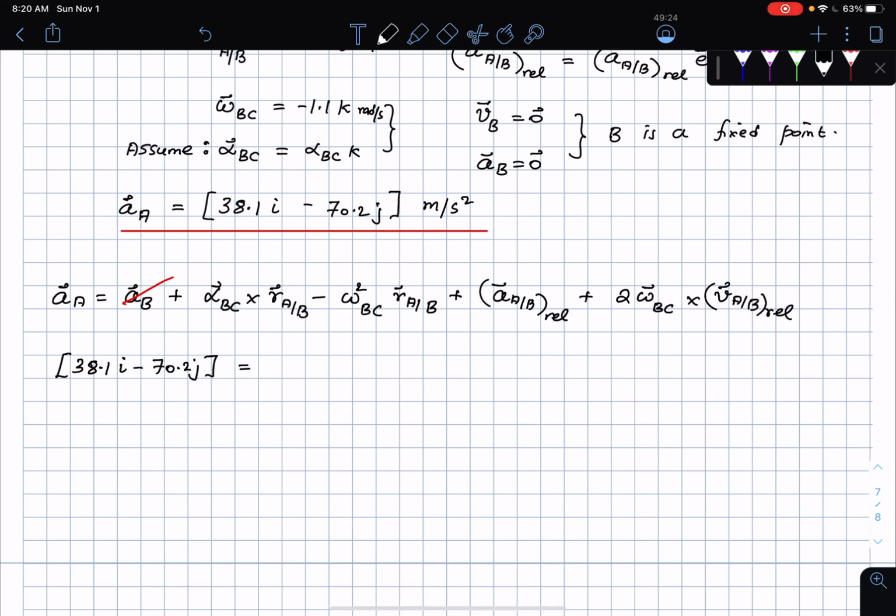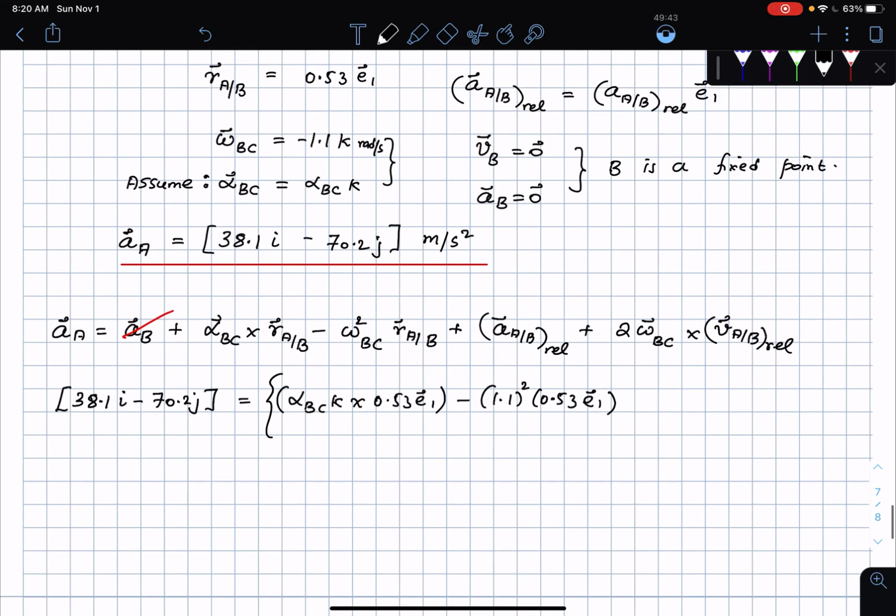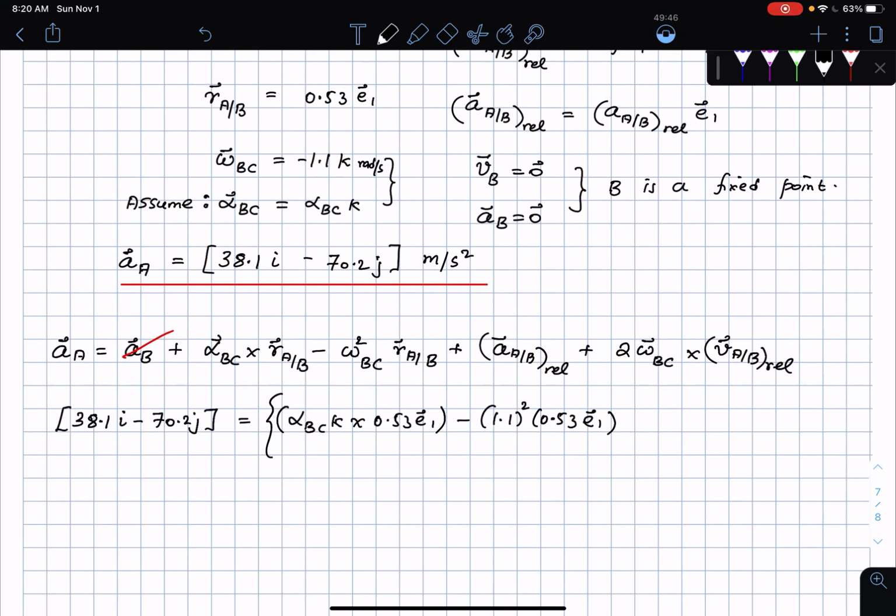Okay, this is equal to, let's start a big bracket here, alpha BC, which I assume to be in the K direction, crossed with 0.53 E1, that's one term. Then omega square BC is 1.1 square times 0.53 E1. Then a slash b relative, I'm just going to write it as a slash b relative in the E1 direction.